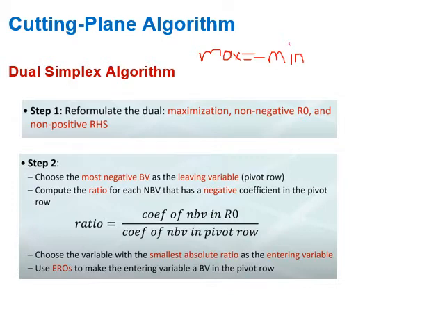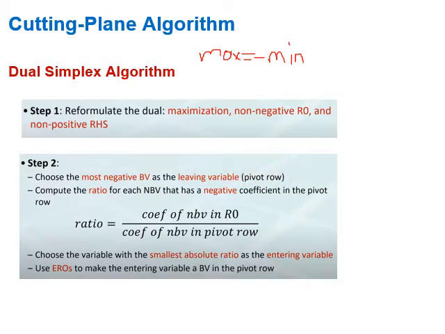Okay, so the leaving variable is decided by looking at the right-hand side values, not row 0, and selecting the variable with the most negative right-hand side value as the leaving variable. And the row of this one will be your pivot row.